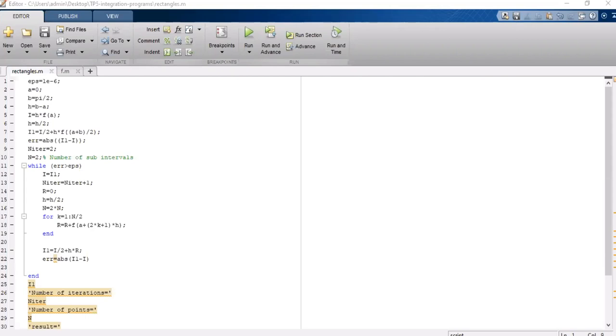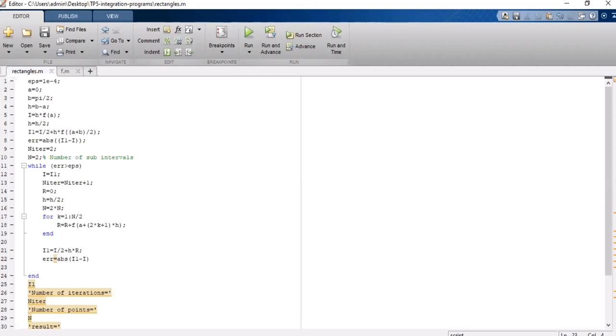Just to see the precision, let's try to run. Okay, so I1 here, I get 1.0001. It's correct. So now this is correct.